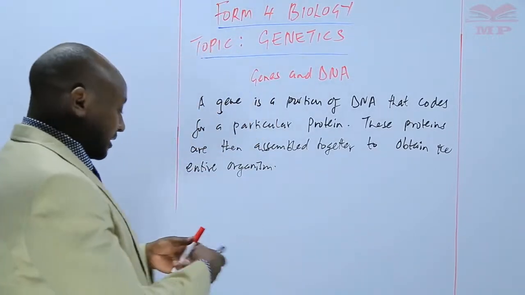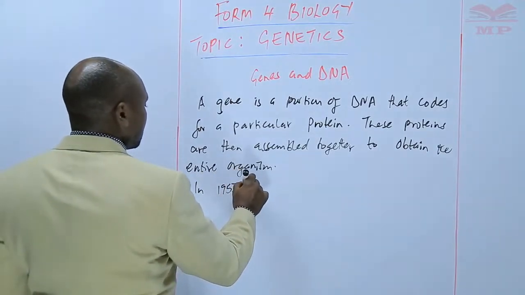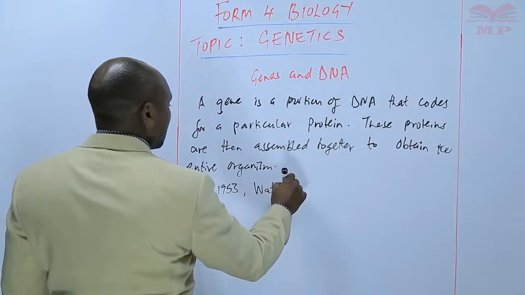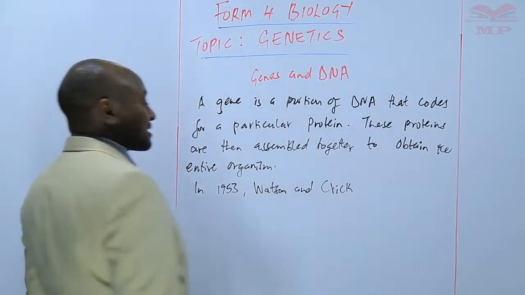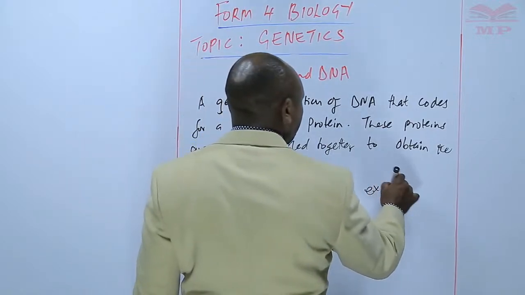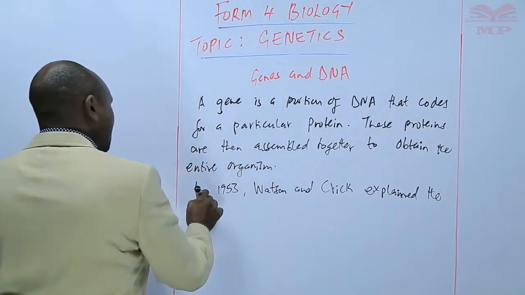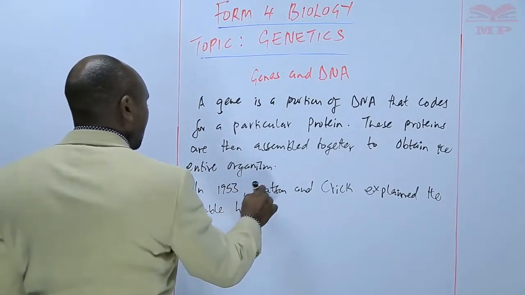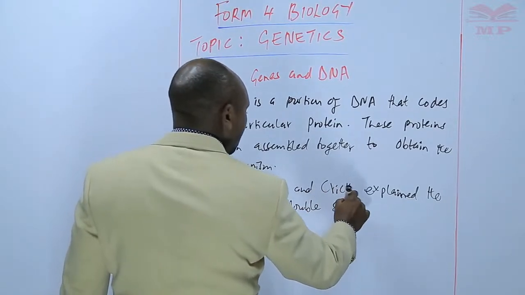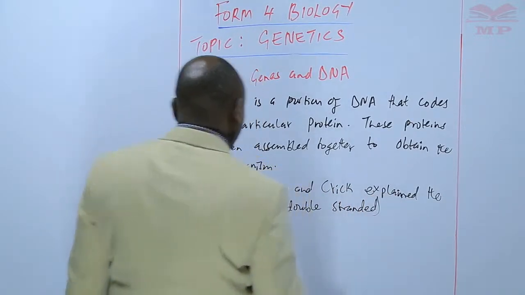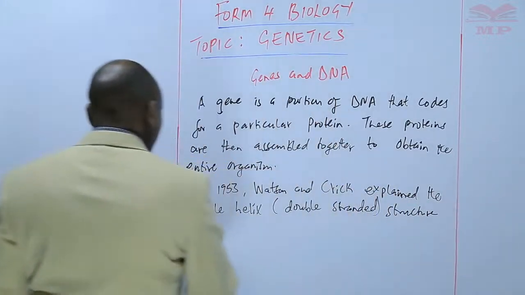So we are saying that in 1953, Watson and Crick, these are two scientists, explained the double helix or double-stranded structure of DNA.